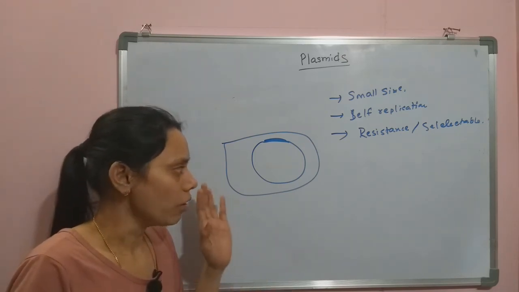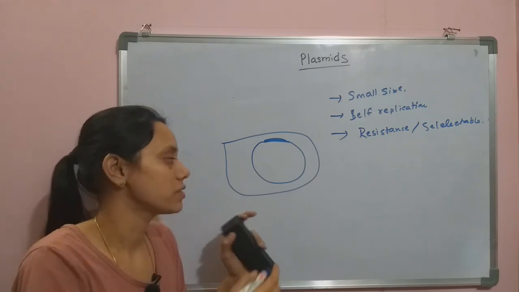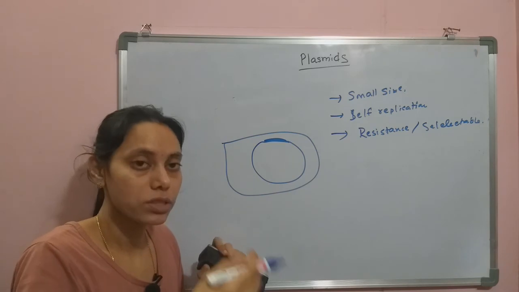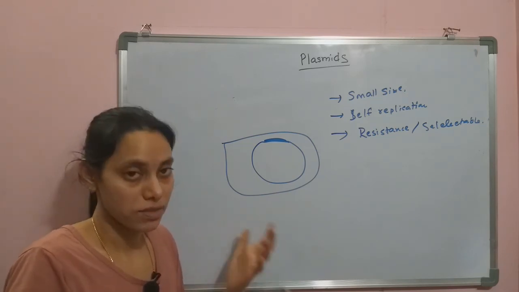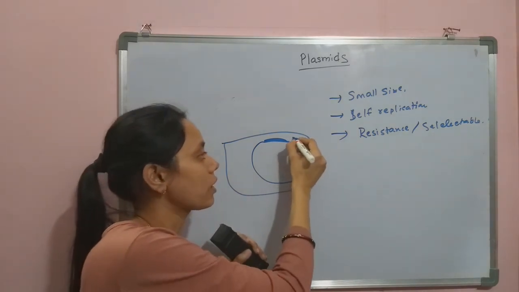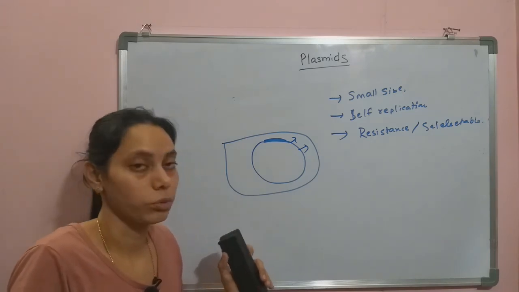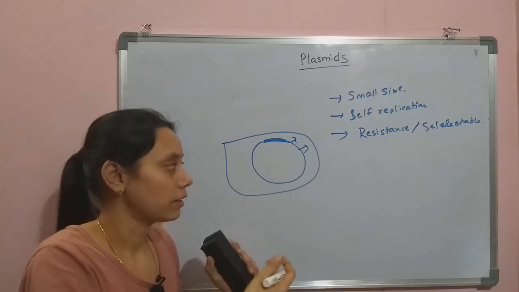We only need the host cells in which the recombinant plasmid is present. So in order to select the transformed cells, due to the presence of selectable markers or resistance genes, we can simply select by that character.